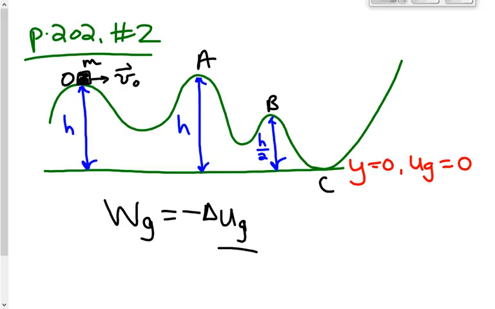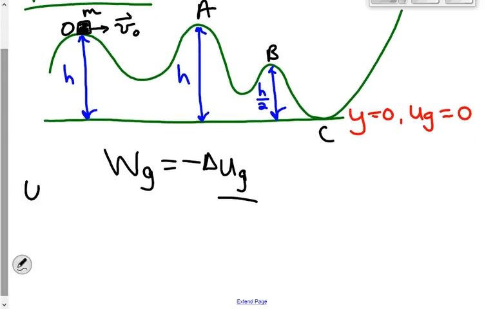Okay, so we're going to let UG and y be equal to 0 down there on the ground. And then we can figure out the potential energy at every spot. Okay? So UG at 0, my initial spot, is going to be what? My starting point. I only want to use the letters.